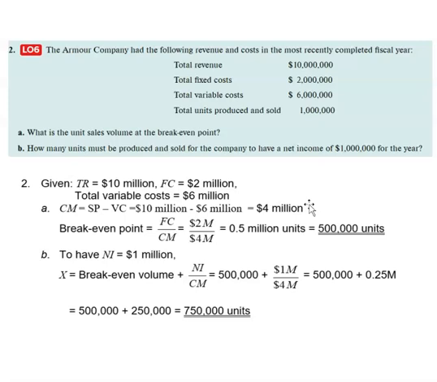Okay, so you can do this as a total for the company, like we are here, with total revenue, total fixed costs, total variable costs, or you can do it on a per unit basis as well. Okay, so if we're looking at total revenue, total variable costs, then we have a contribution margin of 4 million. So then the break-even point is fixed costs divided by your contribution margin. Okay, so we've got 2 million divided by 4 million means that we have 500,000 units to break even.